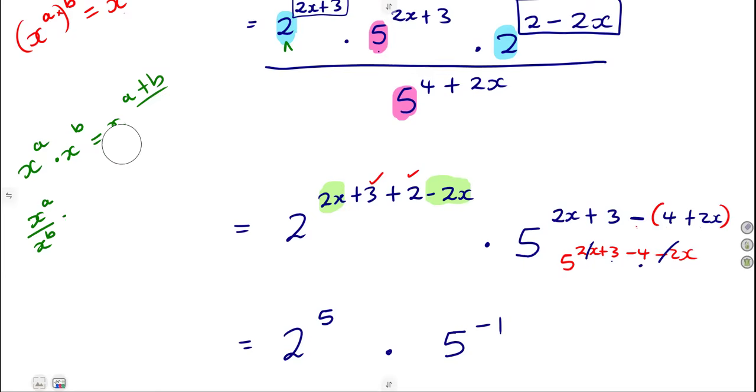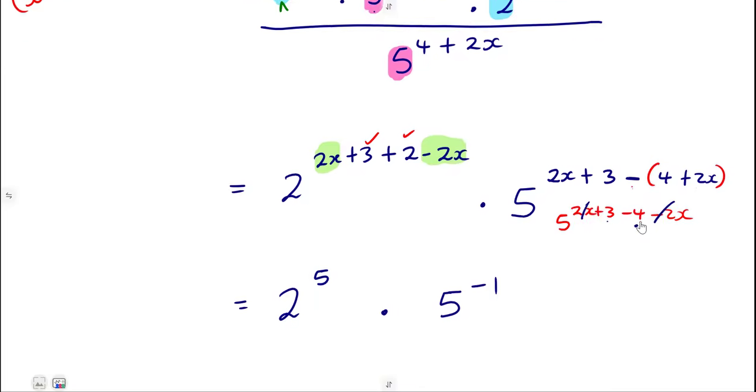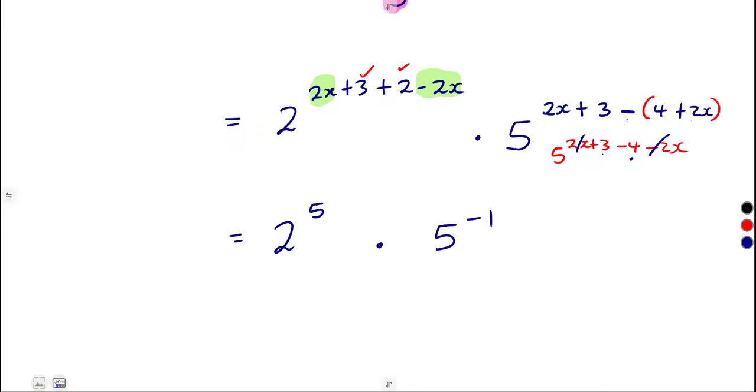Which law can be used? There is a number raised to the exponent of a negative. A law has to be used there. Remember, x to the exponent of minus n is 1 over x to the exponent of n. So we can simplify this as 2 to the exponent of 5. There is no other term with a 2.